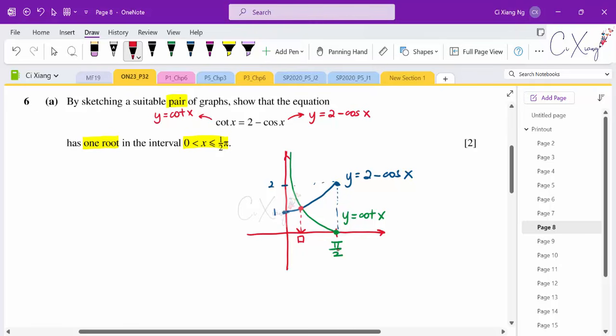So you can make a simple conclusion. You have one intersection point. Therefore the equation cotangent x equals 2 minus cos x has one root in this interval.